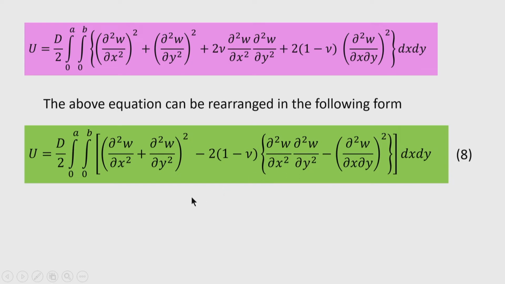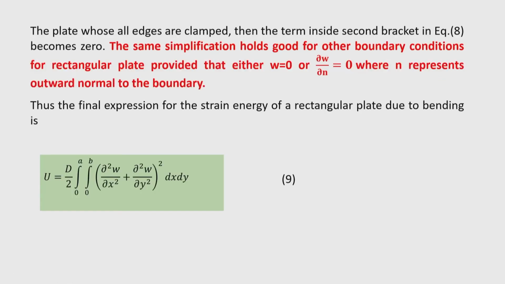simplify the calculations. Okay. So, after knowing the strain energy expression in general for the plate in Cartesian coordinate system, now we can see that some plate has edges which are clamped. There are many plates which all edges are clamped. Okay.